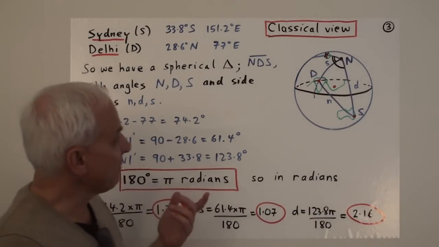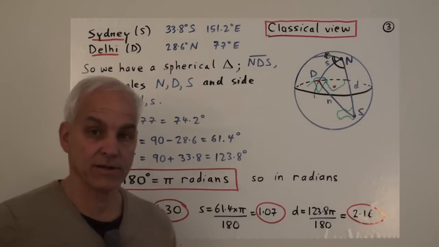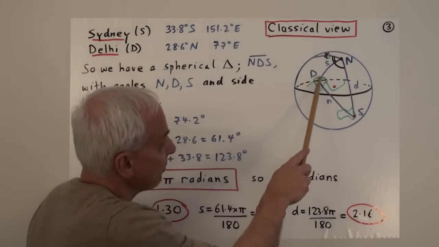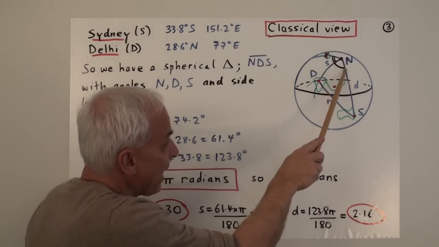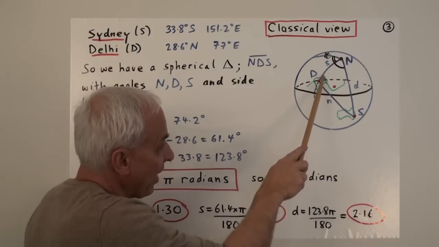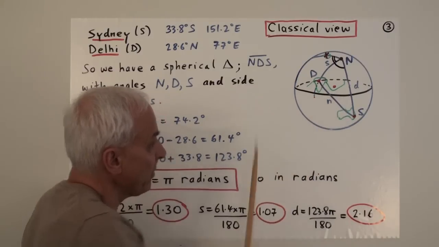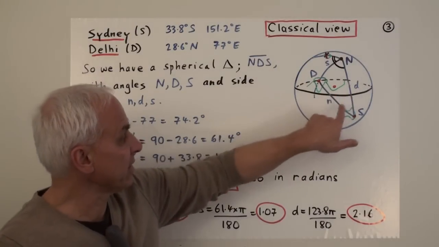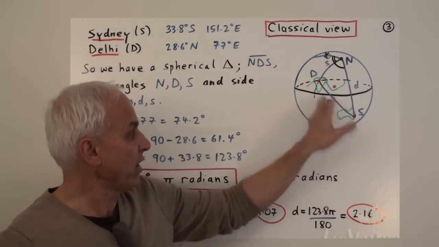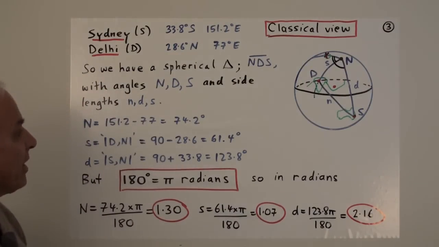And let's represent the various quantities that are traditionally studied by letters capital N, capital D, and capital S to denote the angles here. So capital N refers to this angle here, capital D to this angle here, capital S to this angle here. And the little s, little d, and little n represent the distances between the points, the sides of this spherical triangle.